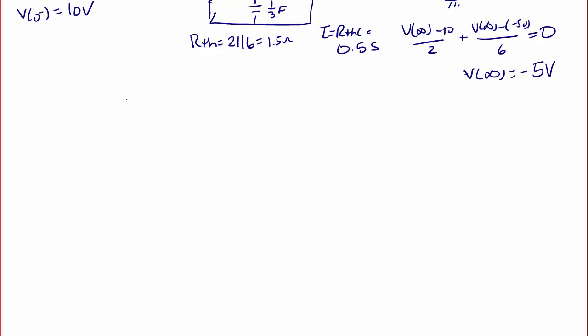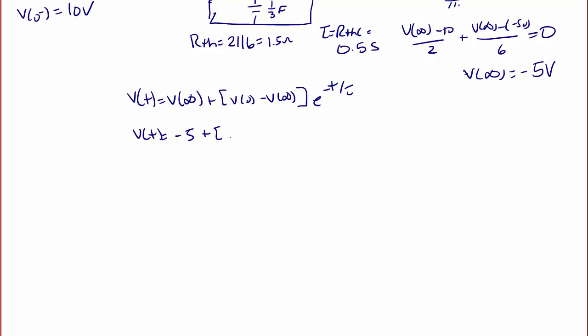So now we make our equation. V of t equals V of infinity plus V of 0 minus V of infinity, e to the negative t over tau. So V of t is equal to negative 5 plus 10 minus negative 5, e to the negative t over 0.5. And finally, V of t equals negative 5 plus 15 e to the negative 2t volts for t greater than or equal to 0.